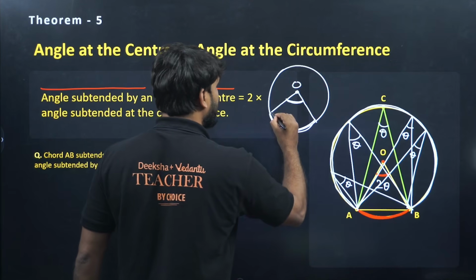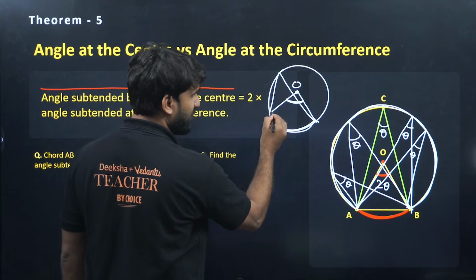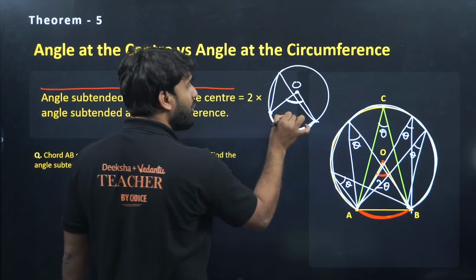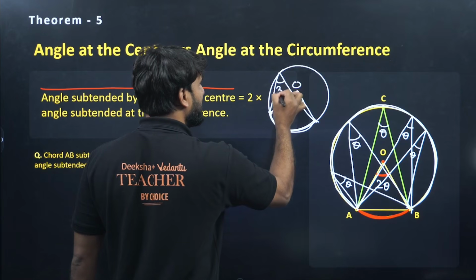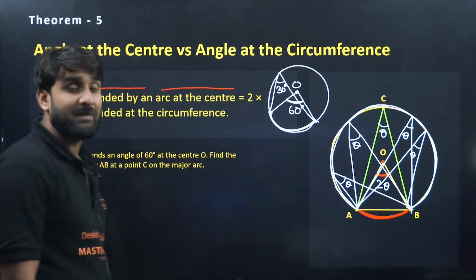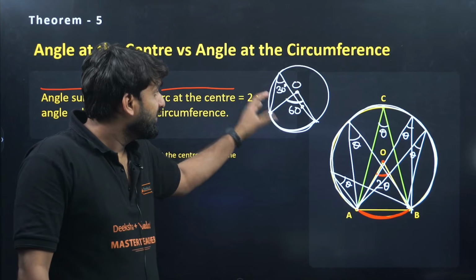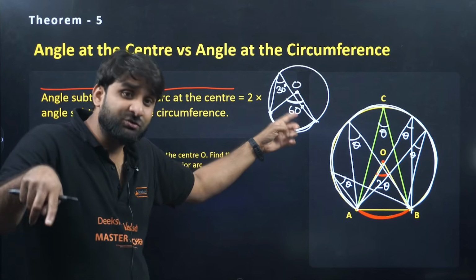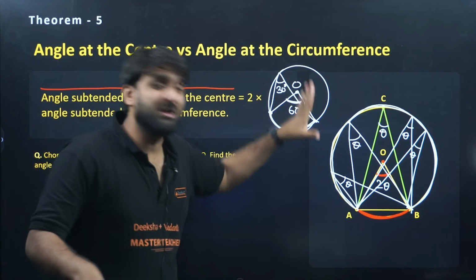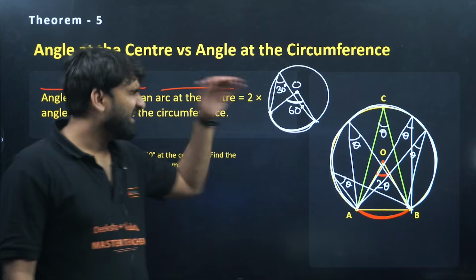So if I'm taking a point here, again taking these 2 points, and this is 30 degrees, what will be this angle? This will be 60 degrees. The angle at the center is twice the angle which is made in the remaining part, leaving that arc. So the center angle is always twice.